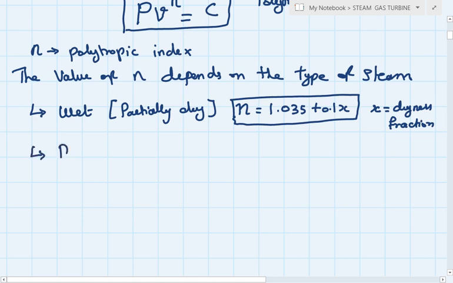So for dry steam, what does dry steam mean? It is 100% steam, or the dryness fraction will be 1. So the value will be equal to 1.135.